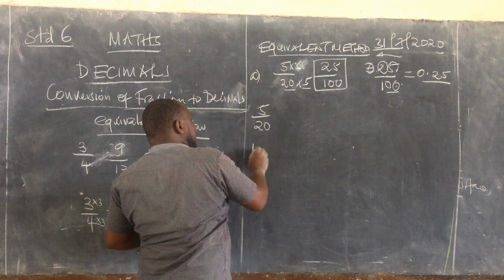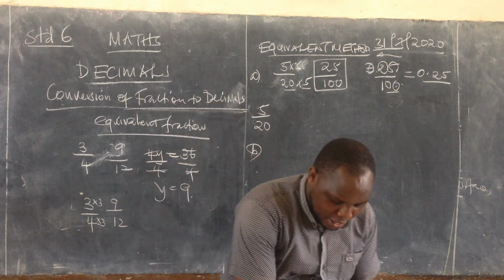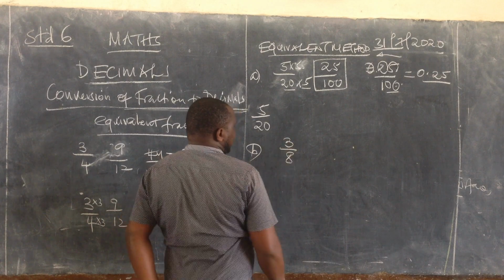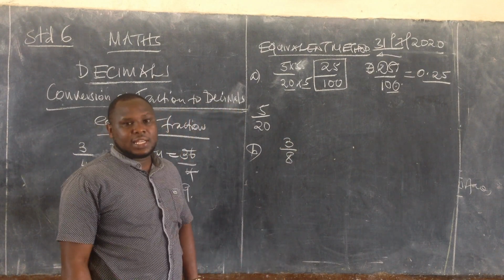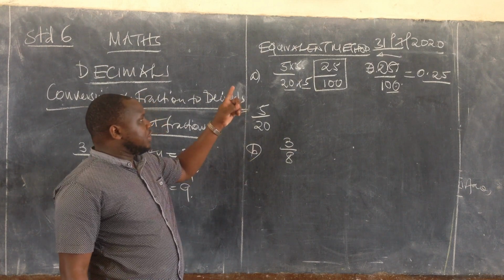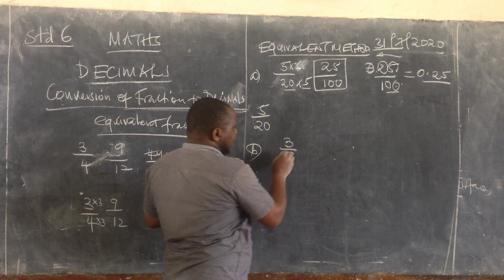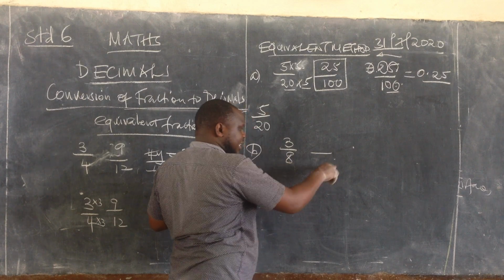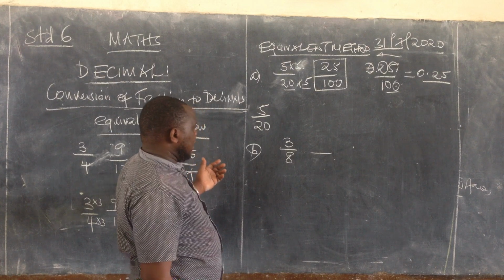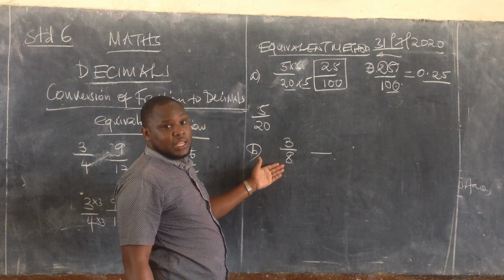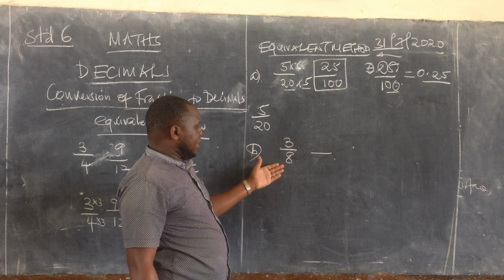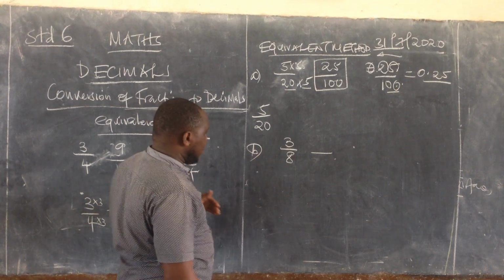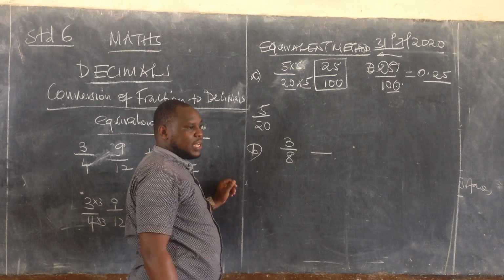So having done that, let me do another example using the equivalent fraction method. 3 over 8. Convert 3 over 8 to a decimal. Now, we are using the equivalent method. What number do we multiply 8 with to get a number with 1 and the other digits zeros? Let's try. By 5 you get 40. By 10 you get 80.